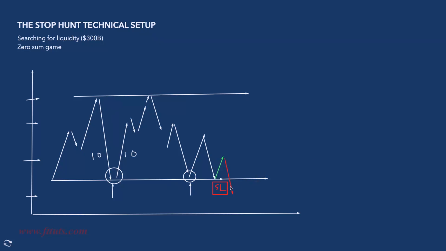So also what happens at the same time as filling their iceberg orders and being able to buy, they're also triggering stop losses, right? So again, the zero-sum game, money is changing hands as they trigger the stop loss. So let's say, for example, there was $30 million worth of stop loss orders below the market, because you've got loads of traders looking at this level here.